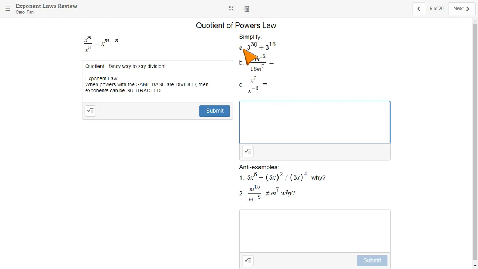Right, so let's look at a couple of these examples here. 3 to the power of 30 divided by 3 to the power of 16. We have division and we have the same bases. So I can take 30 and subtract 16. So 3 to the power of 14.